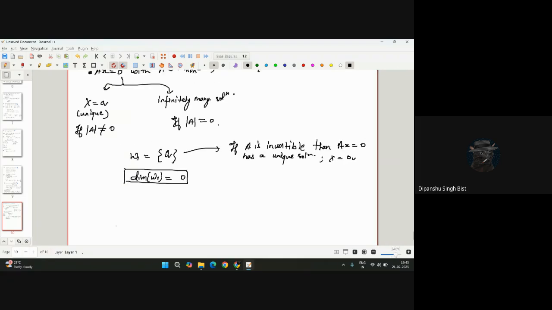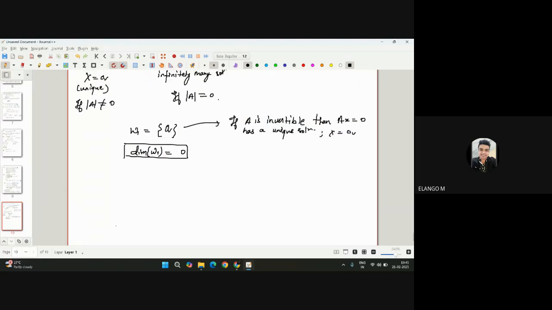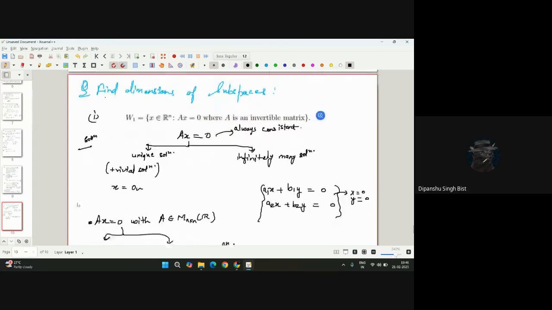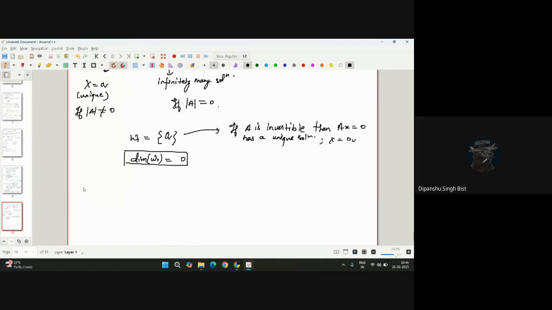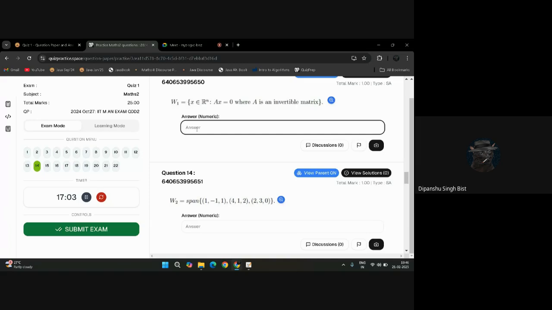Keep this in mind: Ax equal to 0 has only two options, unique and infinitely many. You don't have the option of no solution. So here the answer is 0.